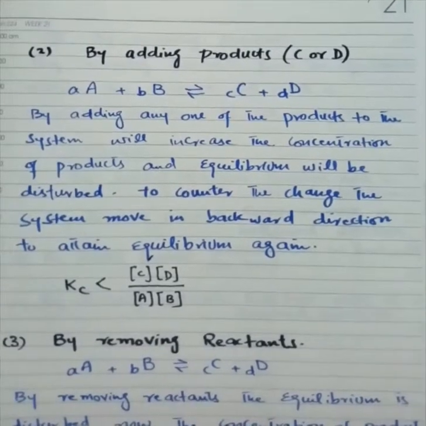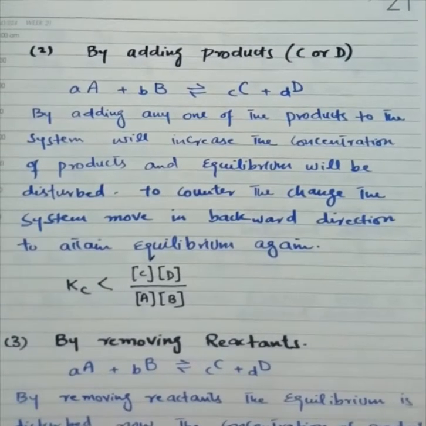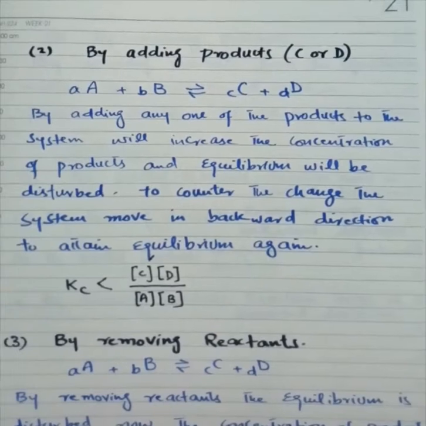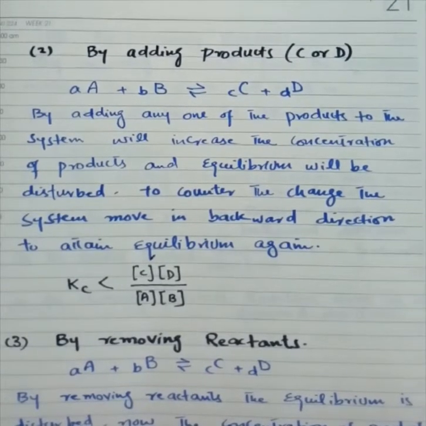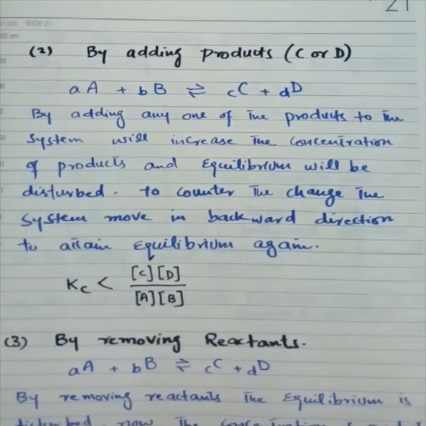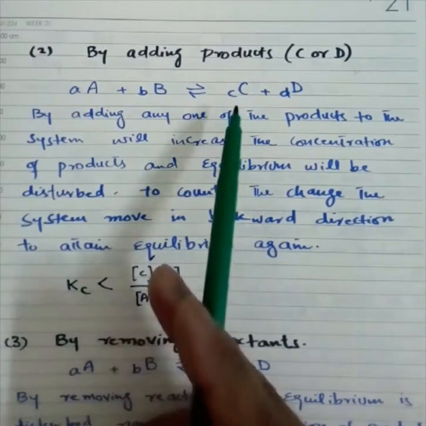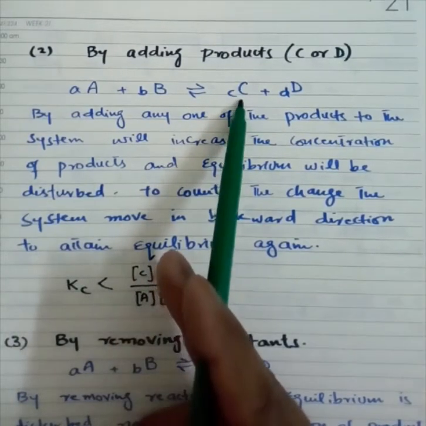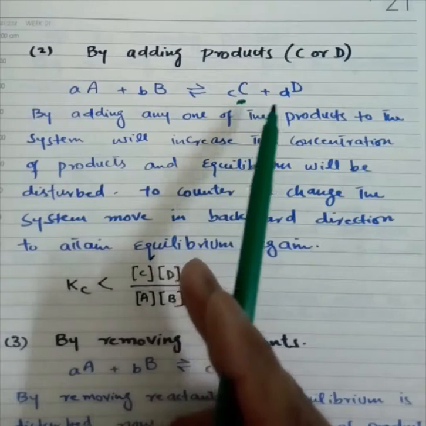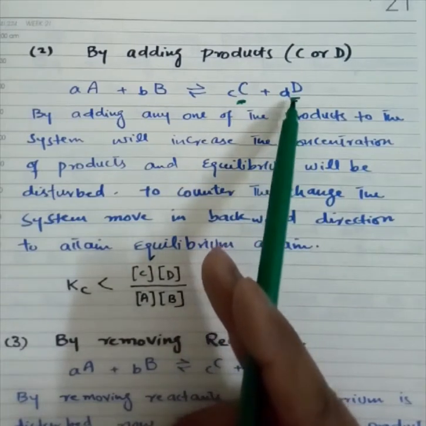Now by adding any of the products, that is C and D, the equilibrium is again disturbed, and in order to counter the change, the system will move in the backward direction. Let's suppose we add C, which is a product, or we add D, which is a product.